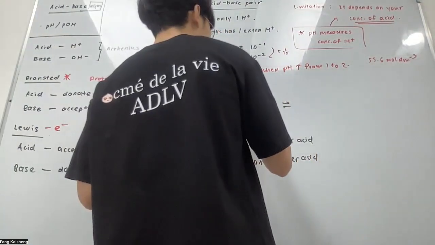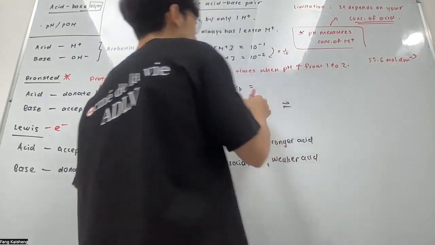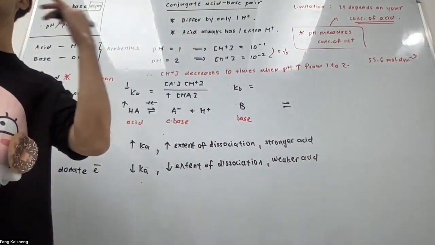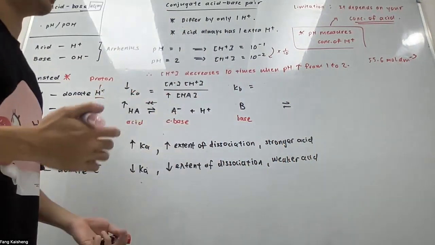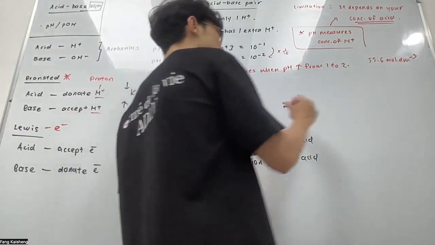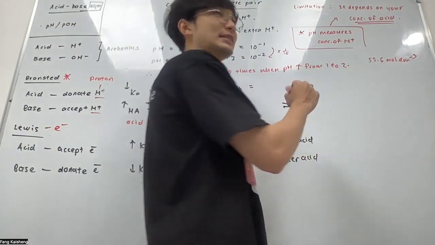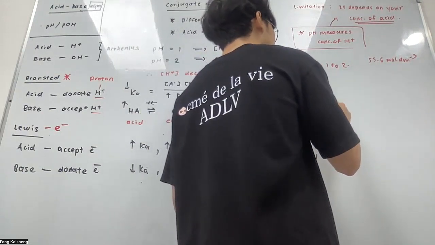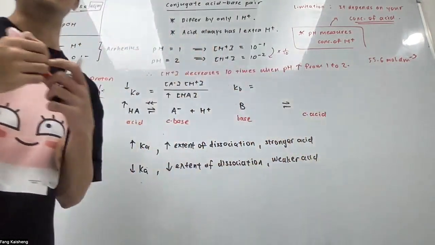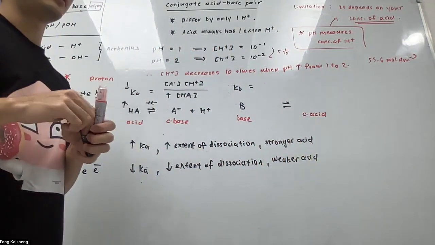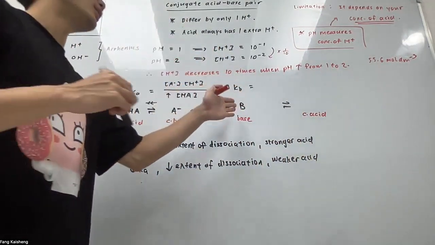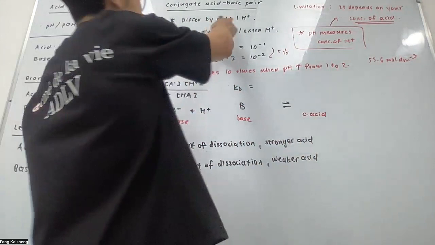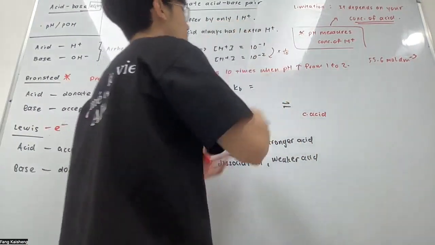Okay, so hold on, let's work this out. The moment I change the symbol, then you guys will be a little bit less able to get a partner already. Okay, if you have base on the right hand side, you're supposed to get what? You're gonna get a conjugate acid. And how does a conjugate acid look like? Yeah, okay, you just have to add a H plus to the B, right? Because they differ by one H plus and acid must have one more H plus.